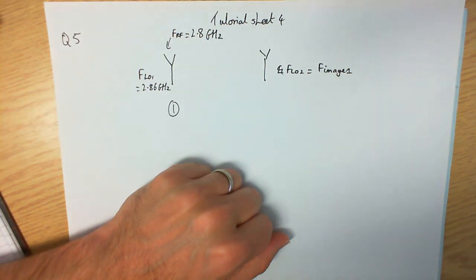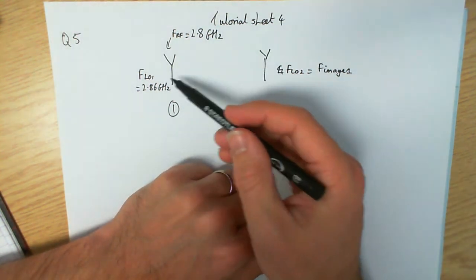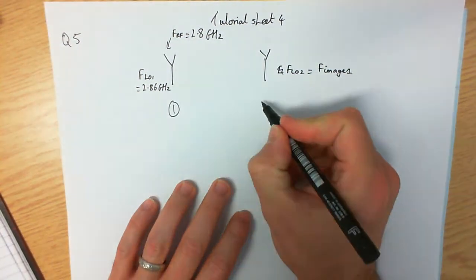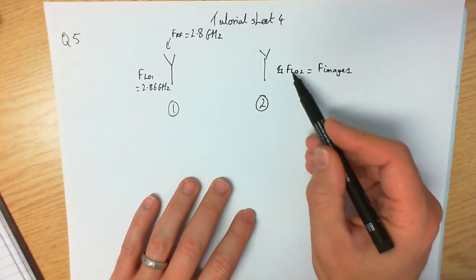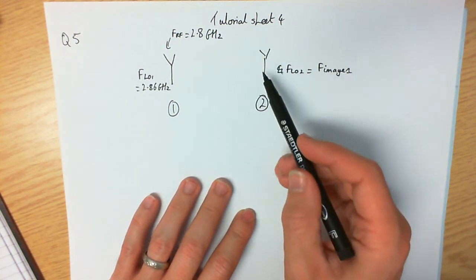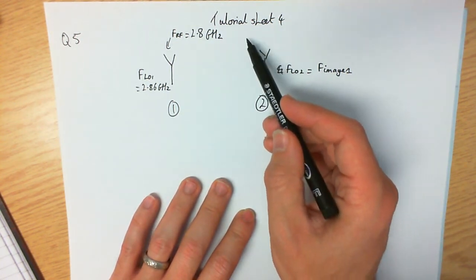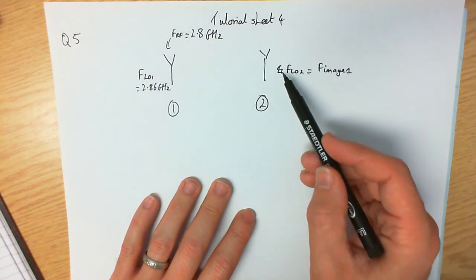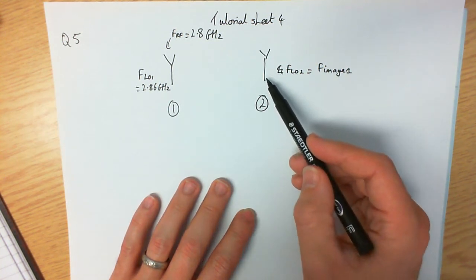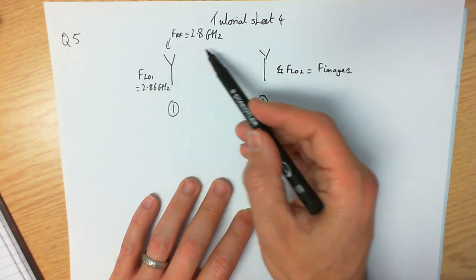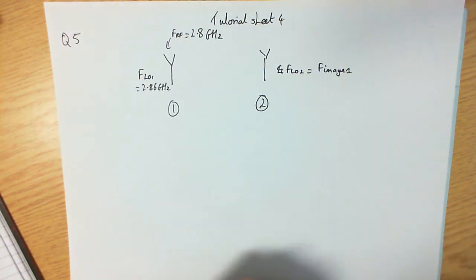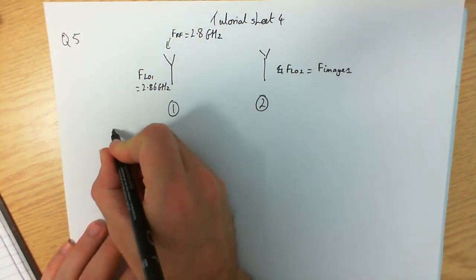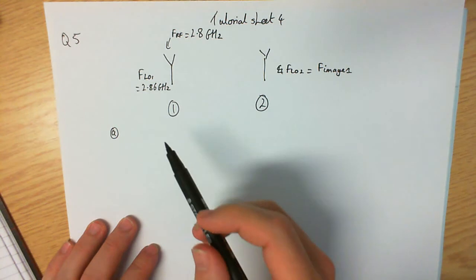So that's the information we're given, and interference occurs, and so this is system 2, and what we're assuming here is that the local oscillator in this system is actually transferring some energy out of this antenna. So some of the energy from the local oscillator is leaking out of this antenna and causing interference with this system here.